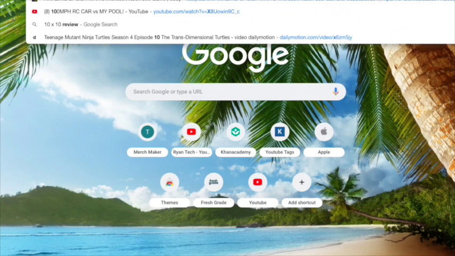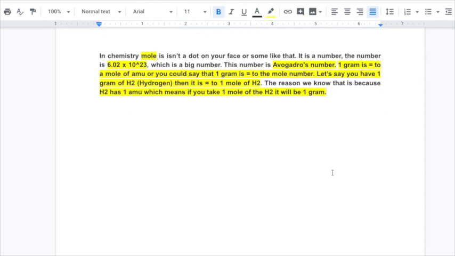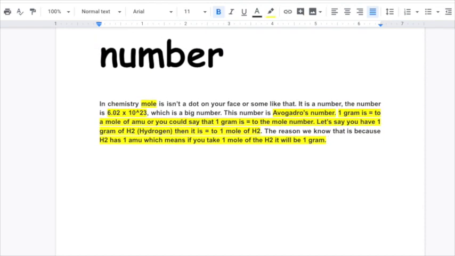But 10 to the power of 23 means we times 10 23 times. So it will be 10 times 10 times 10... Anyways, that's what power means. I'll post the math video on that as well.